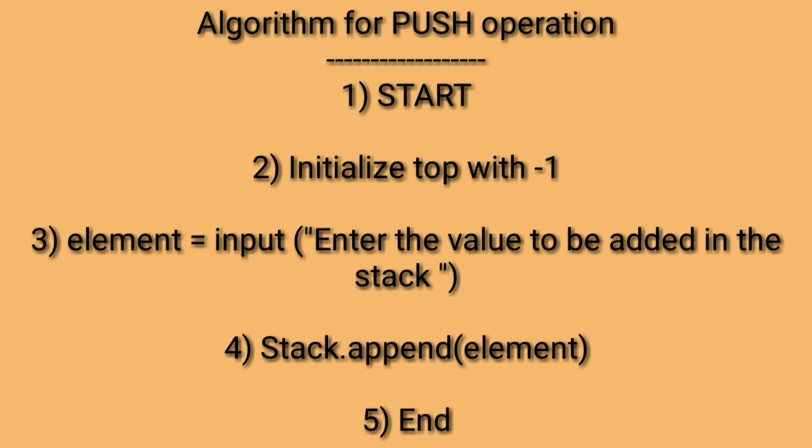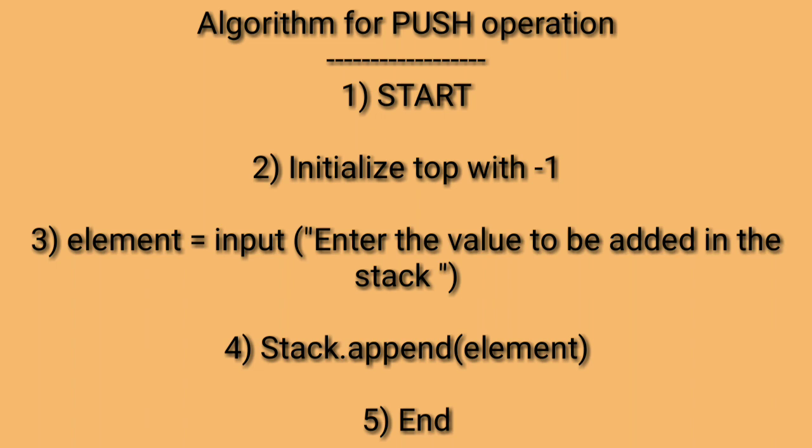The last step is end. Once again, I remind you the structure of a stack, for example, a stack of coins. Initialize top with -1. Insertion and deletions are possible only at one end, that end is called top. Initialize top with -1 means top will be empty at the beginning.